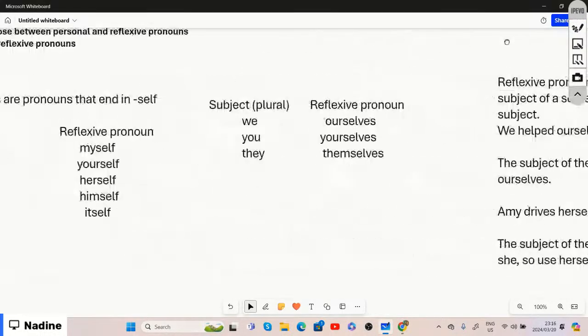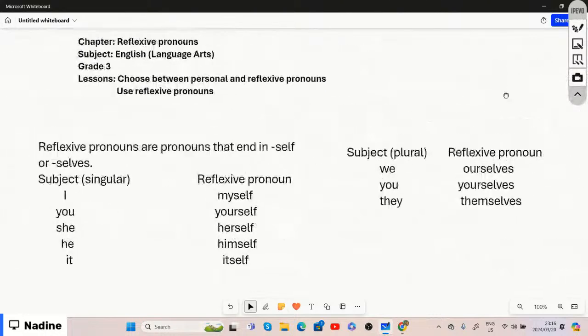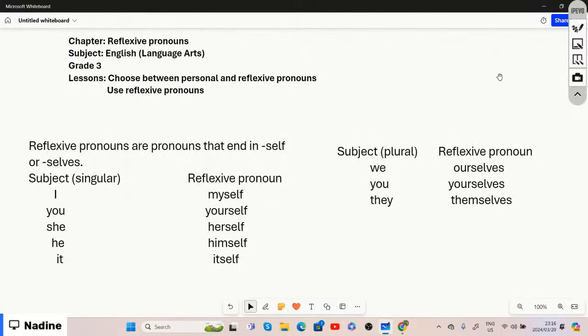All right. So once again, for those of you who just came, we are doing the chapter of reflexive pronouns, English language arts, grade 3. The lessons we are focusing on are to choose between personal and reflexive pronouns, and to use reflexive pronouns.